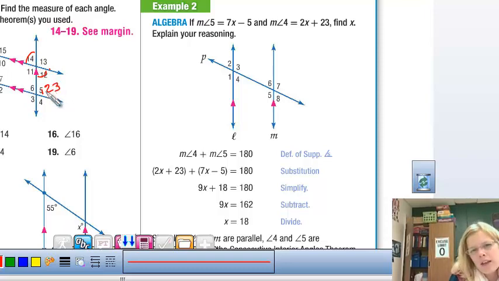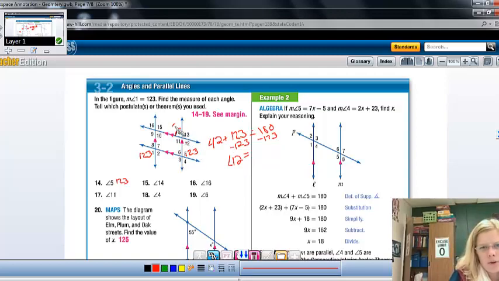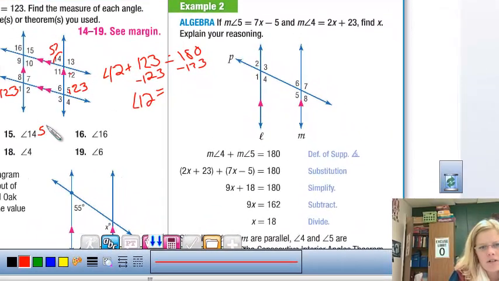But I do know that angle 12 and angle 5 have to be supplementary. So angle 12 plus 123 has to add up to 180. Now if I solve for angle 12, I find that angle 12 is 57. Well, if 12 is 57, what is angle 14? 57. So that was that one.